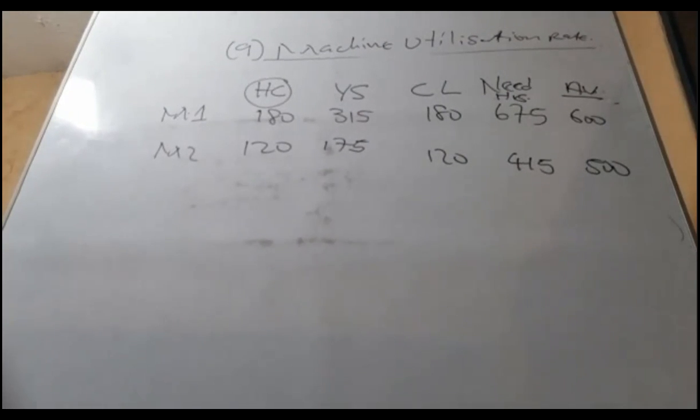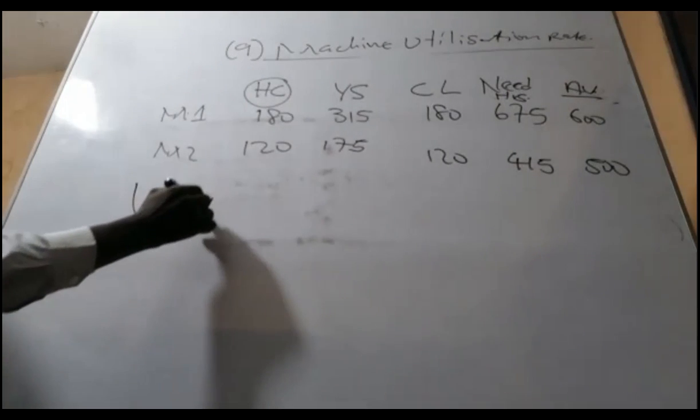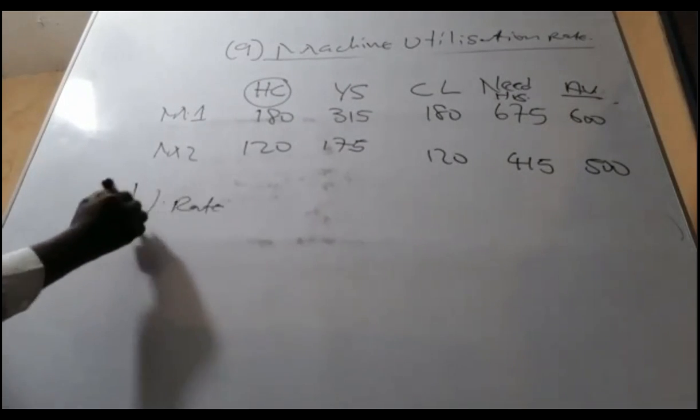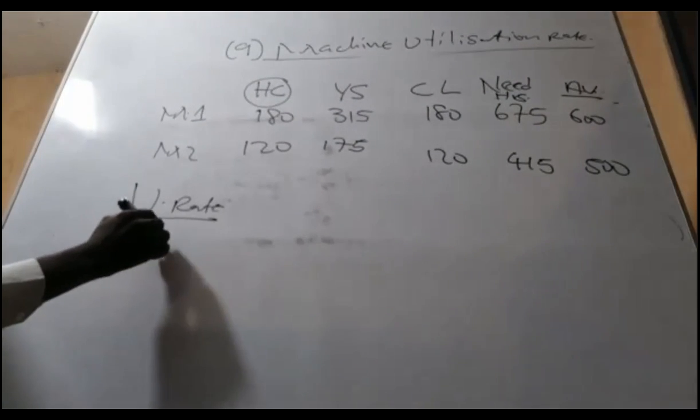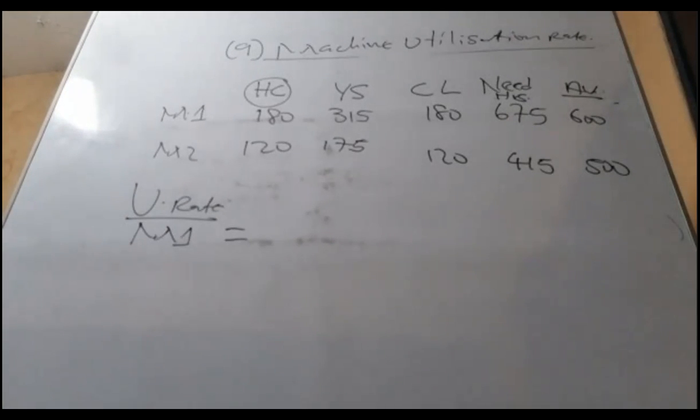So now what will be the machine utilization rate? So therefore, utilization rate will be what? For machine type 1, to get the utilization rate, it is what you need over what you have. What you need, like the resource that you need.